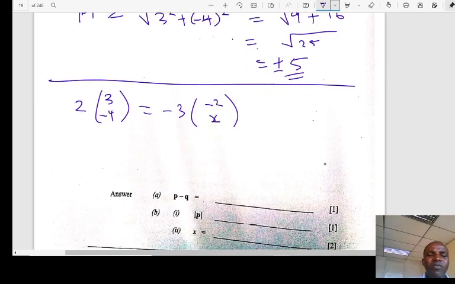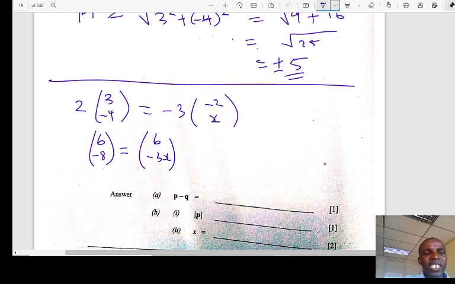Right. Then you simplify, then you equate. So you say 2 times 3 is 6 here, then minus 8 is equal to minus 3 times minus 2 is 6 here, then minus 3x. As you can see here, 6 is equal to 6 on top. Then down, it means minus 8 is equal to minus 3x.